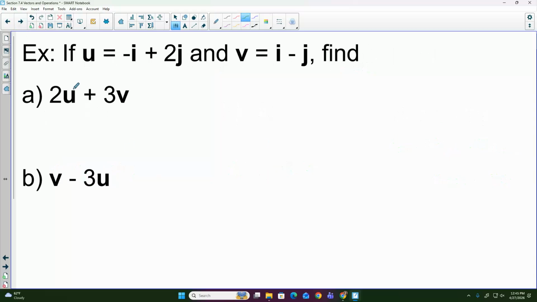Last problem. Sometimes vectors might be written in terms of other vectors. I'm saying vector u is the opposite of vector i plus 2 times vector j. Whatever vectors i and j are, we don't know. But if I ask you to find 2u plus 3v, essentially all you're doing is combining like terms. So what's vector u? Plus 3 times v, which is i minus j. Distribute.